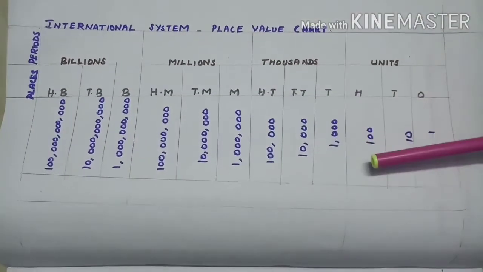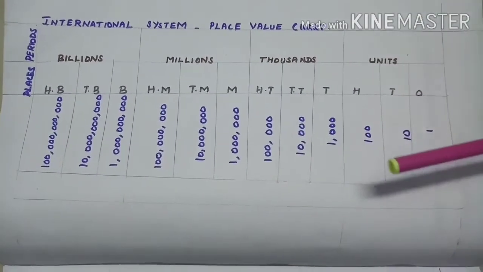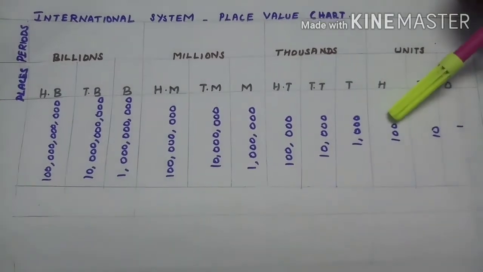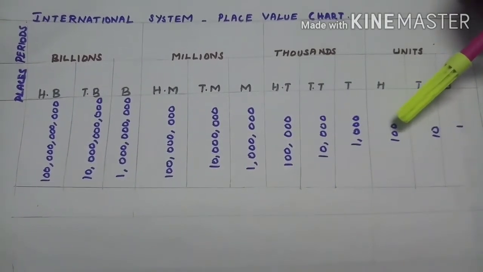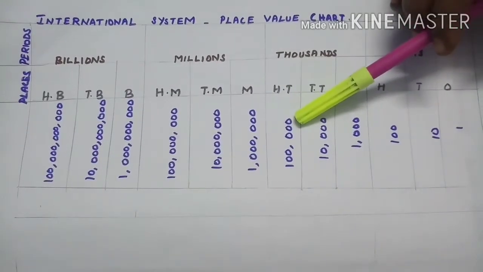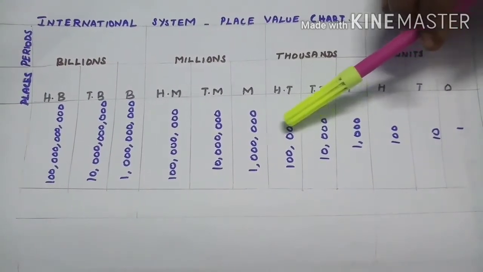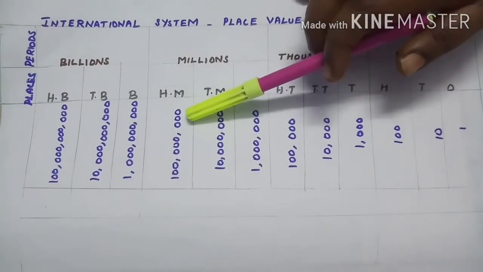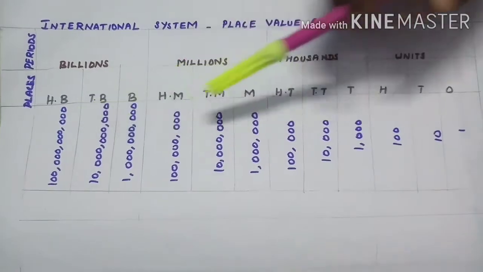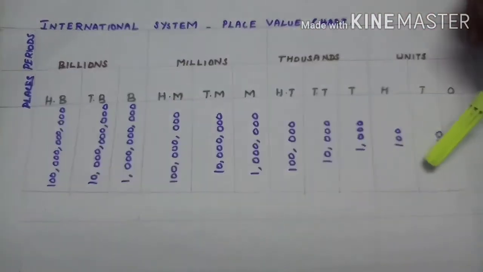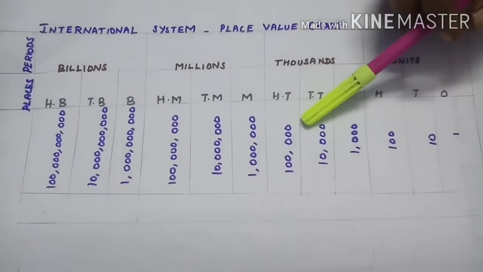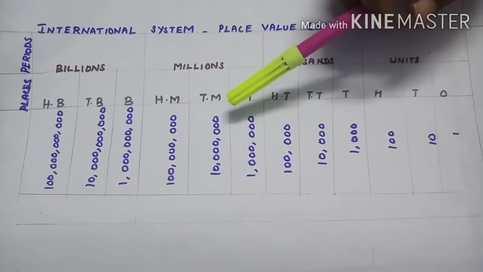So, the first comma comes before 100 and the second comma comes before the 100,000 and the third comma comes before the 100 million, and like that we have to put the commas, that is bunches of 3 digits, bunches of 3 digits and bunches of 3 digits.